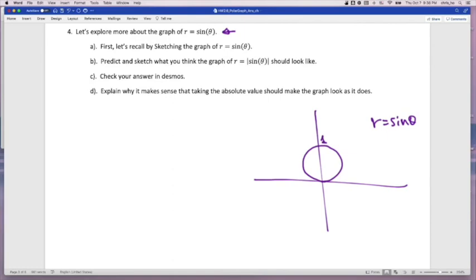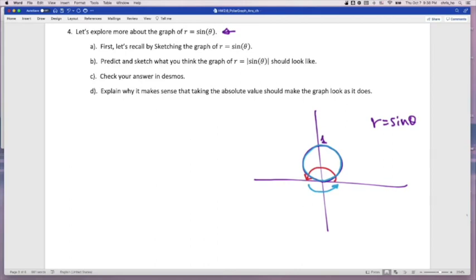Well, you recall when we trace out this circle, when the angle is going from 0 to pi, you trace out this circle that I just put in purple. And when you trace out the angle going from pi to 2 pi, which I'm going to use in blue, the original function just makes it overlapping because r turns negative and it maps back right on top of the original circle.